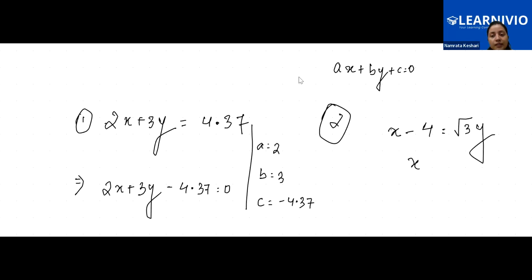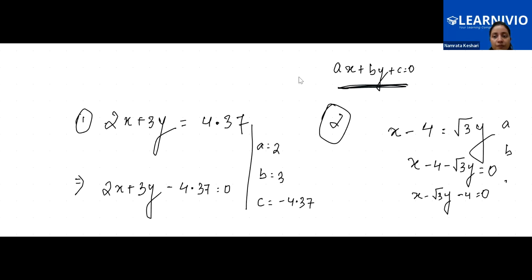Yes, we can write it like this. But if we write the y term in the middle, that will be more accurate because of the standard form. So we can also write it as x minus root 3y minus 4 is equals to 0. Now, Ayan, what is A, what is B, and what is C?